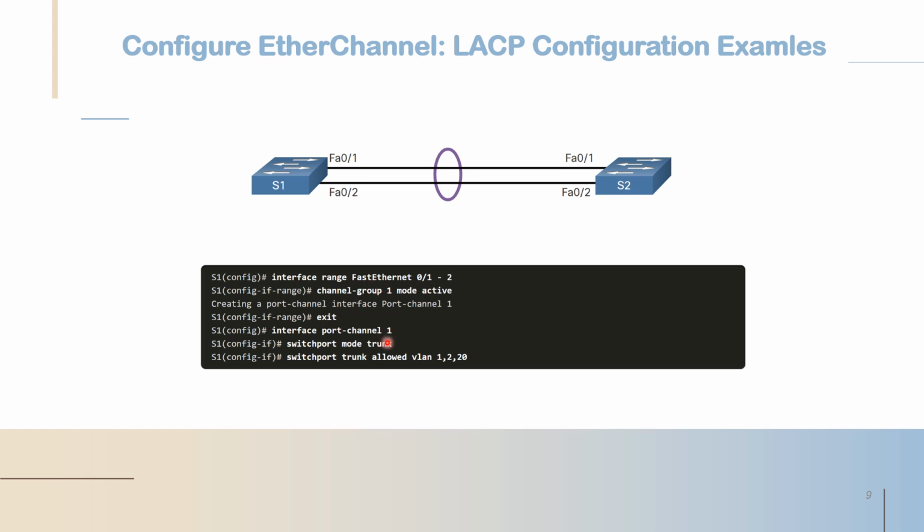Here in this example, switch 1 is configured with LACP EtherChannel, and the port channel is configured as a trunk interface with the allowed VLANs specified, as you can see here. So all the interfaces of the EtherChannel will be part of a trunk that allows VLANs 1, 2, and 20.